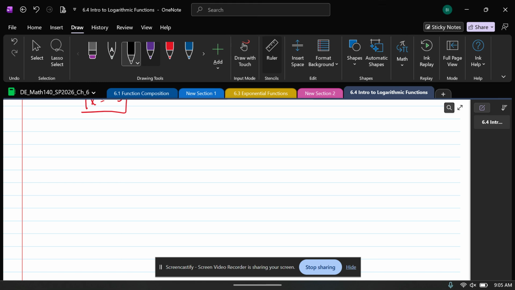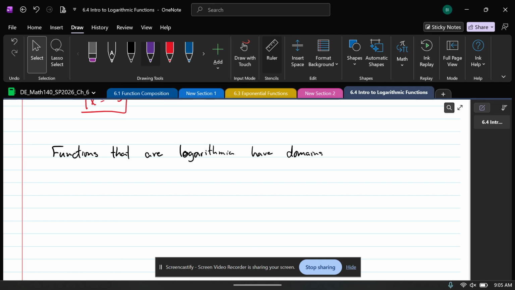All right, next thing is the title of the lesson was Intro to Logarithmic Functions. So let's talk about the logarithms as functions. Functions that are logarithmic have domains that are limited to only positives inside the log.